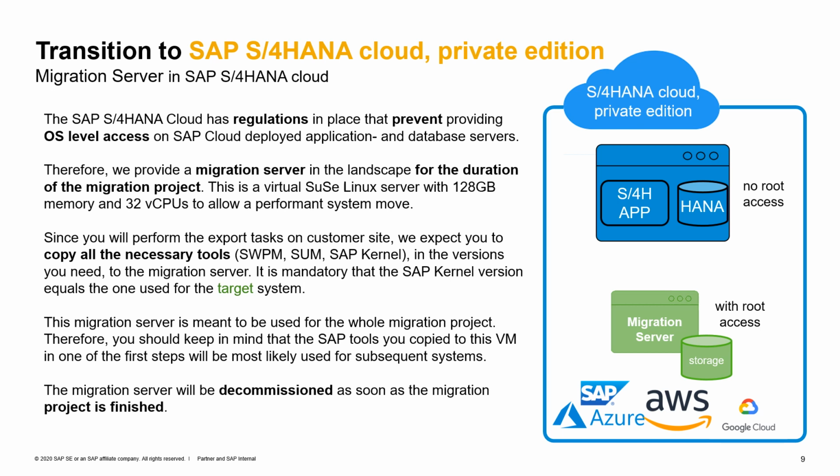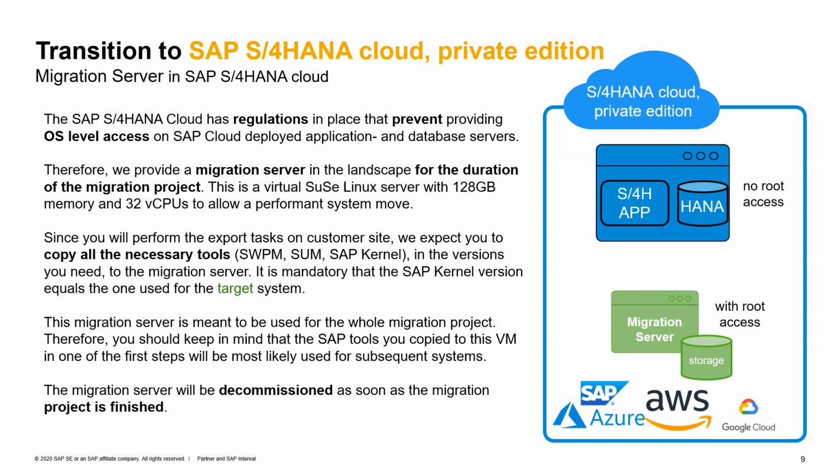The migration server at the end of the project will be decommissioned, and this will also include some activities by our operations team in order to switch to the final version of the architecture, including the final server hosting the S4HANA system.